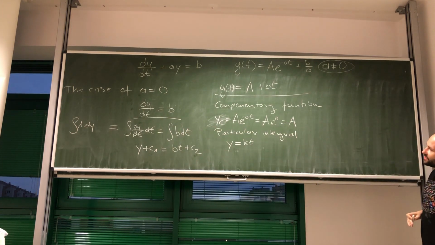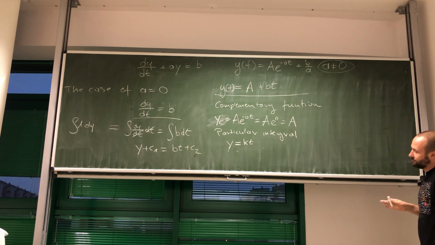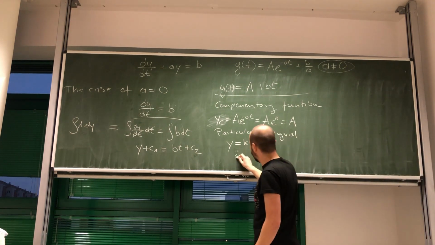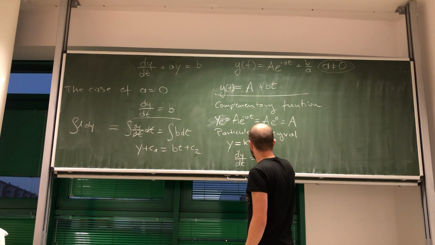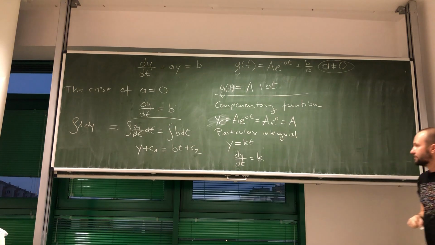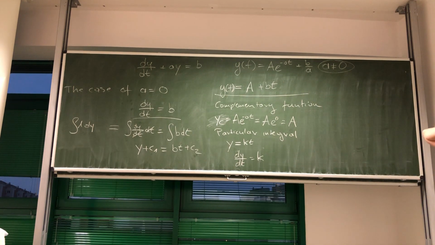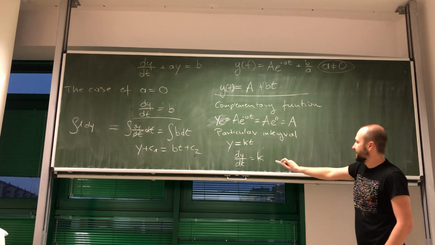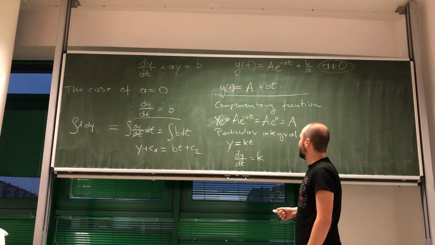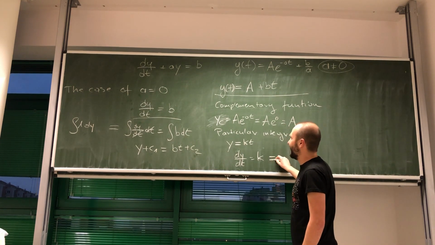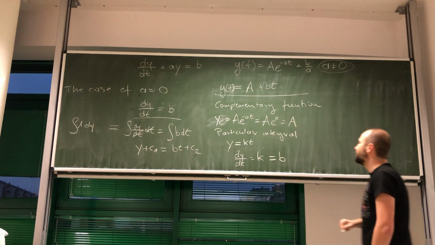If our trial solution is y equal to k times t, then the derivative is equal to just k. Now, if the derivative is just k, we can use this over here, and it turns out that our k is equal to b.